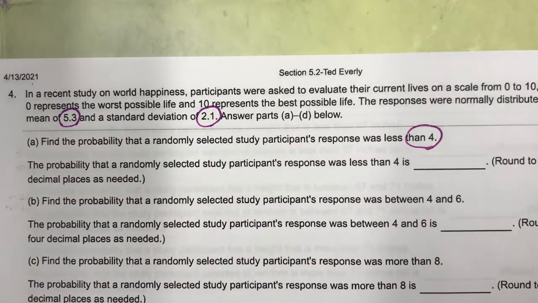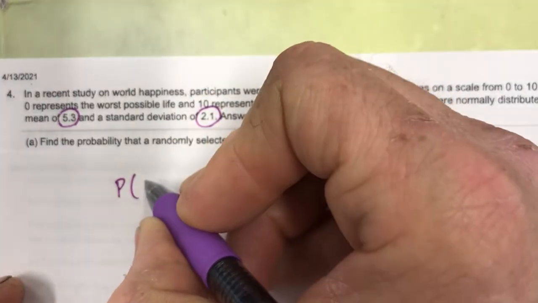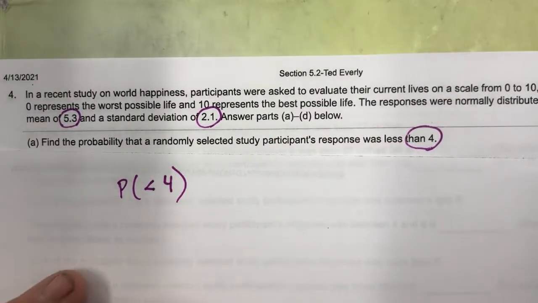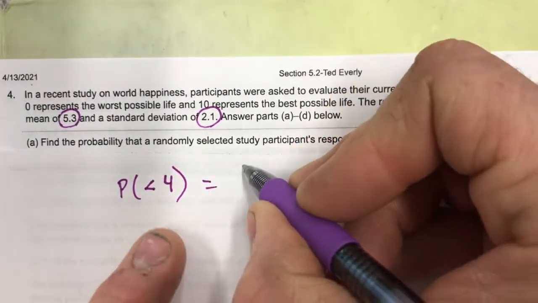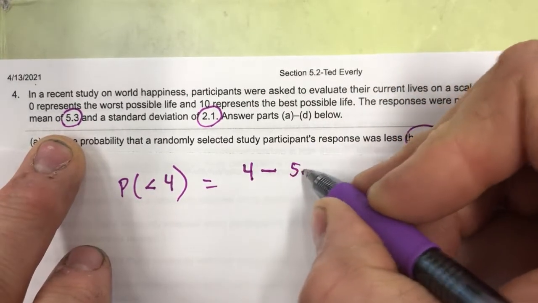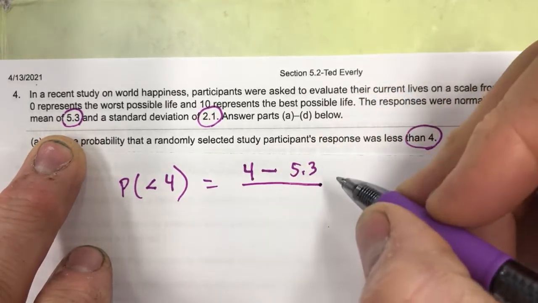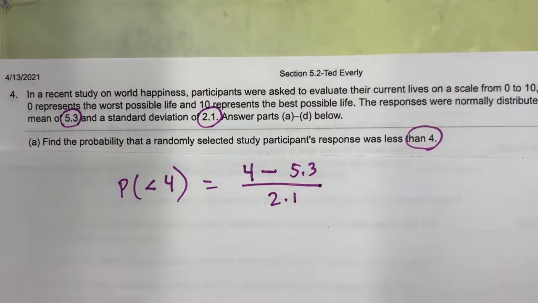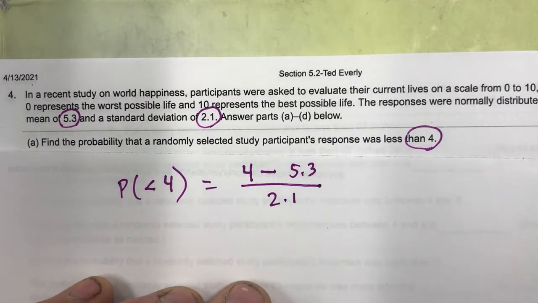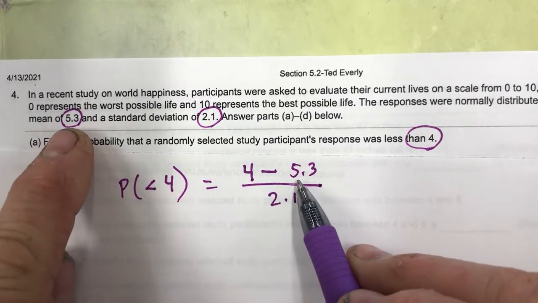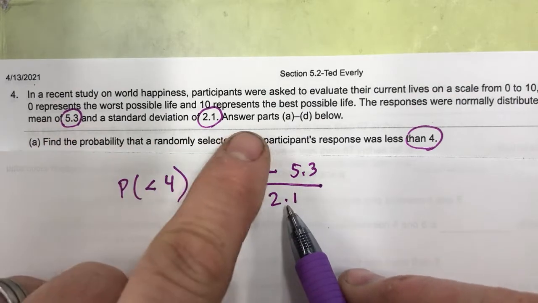All right, we're going to find the probability that it's less than 4. Okay, so that means I'm going to do 4 minus the mean, 5.3, and I'm going to divide by the standard deviation, 2.1. So I'm going to do my x, which is 4, minus the mean, which is 5.3, and divide by the standard deviation.